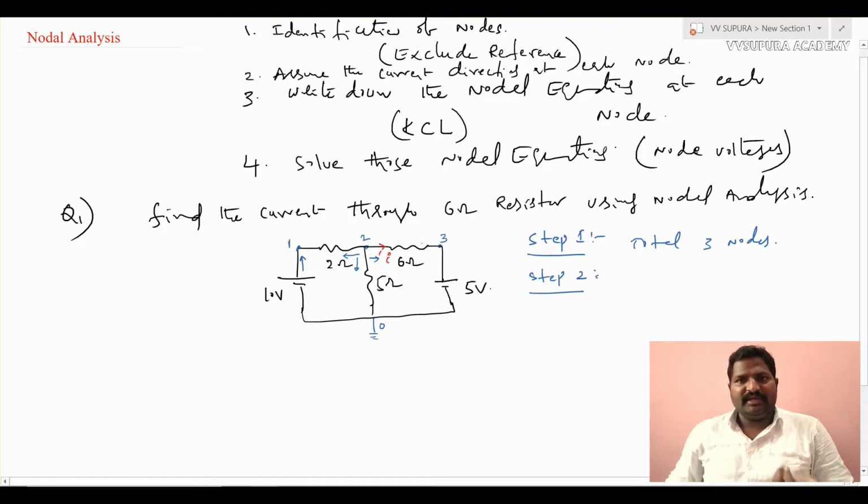We can assume any direction. You can assume one current towards the node also, but follow this notation, so it is easy to apply the same procedure any number of times in any network. So I assume all the currents are leaving the node. And coming to node 3 also, the current is flowing in this way from the 5 volts battery. So step number 2 is done. Next, step number 3.